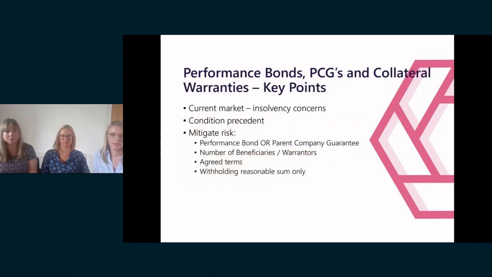Given the current issues in the market with high levels of insolvency, both at the main contractor and subcontractor tiers, the requirement to provide additional security documents, either in the form of bonds or PCGs or both, is on the rise. This often stems from funders who will require the security to be in place as a condition of the funding.